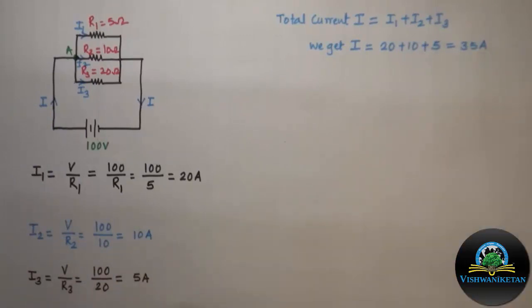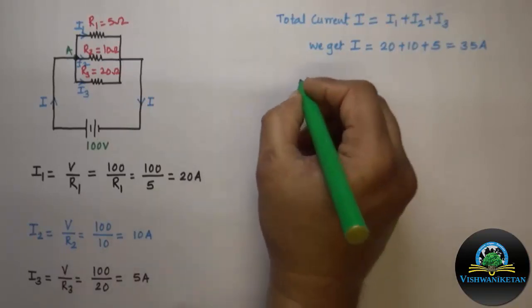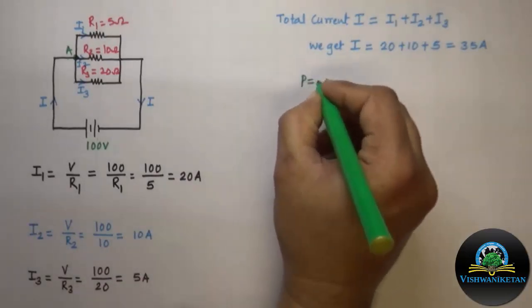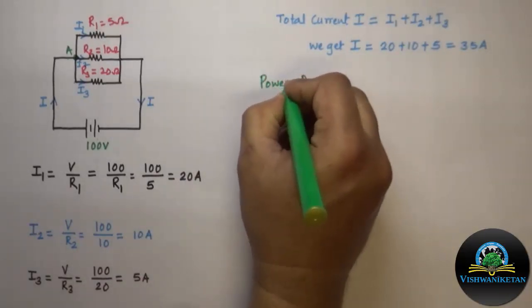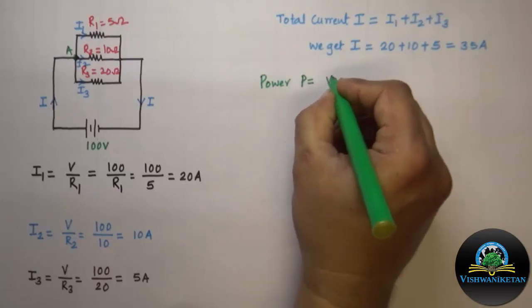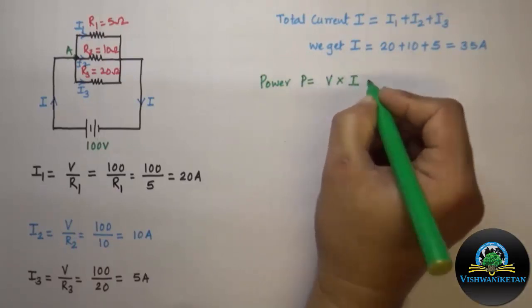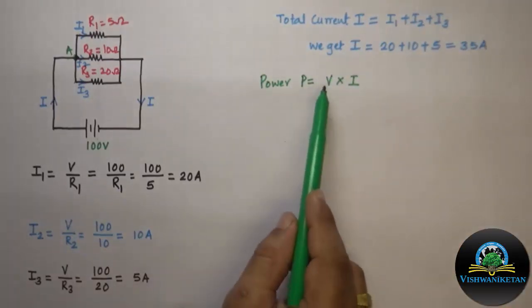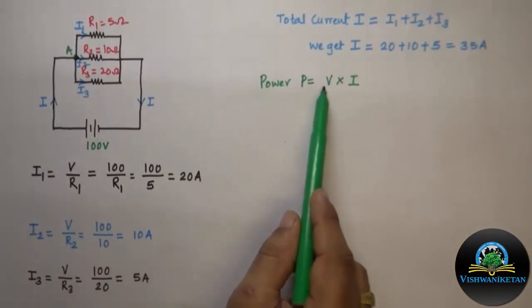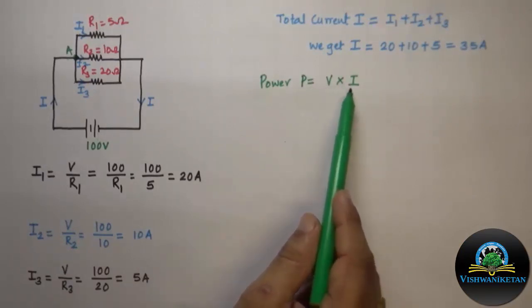Now the next part of the question is to calculate the power drawn from the source. The formula for power drawn from the source is P, that is power, equal to V multiplied by I, where V is the total voltage or source voltage and I is the total current.